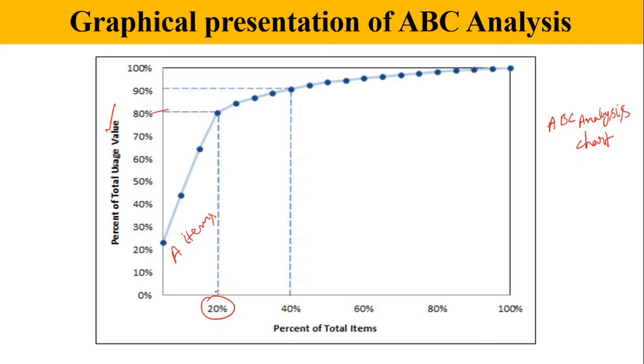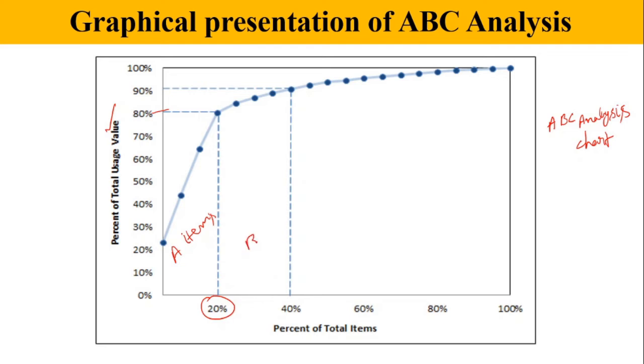A is showing 20%, B is showing 20%, A 20% plus B 20% all put together. That is what we explained in the steps, cumulative value and cumulative percentages.